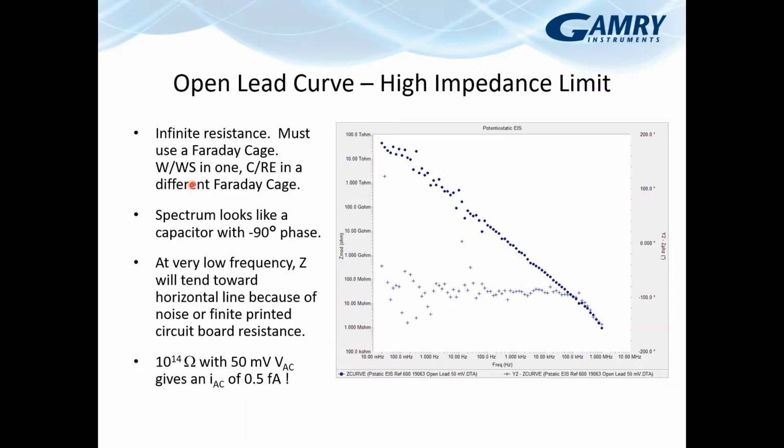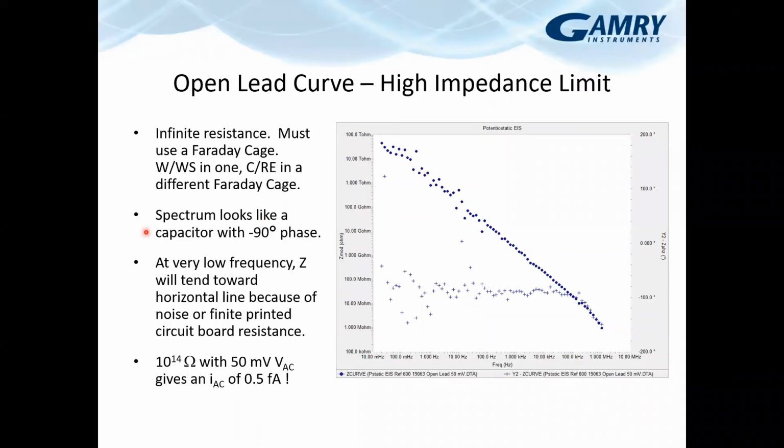The counter and reference lead are also shorted together and put in a different Faraday cage. Actually, in our case, the counter and reference can be outside of a Faraday cage. But by having them not in the same Faraday cage, you reduce the amount of capacitance that gets picked up between the two.